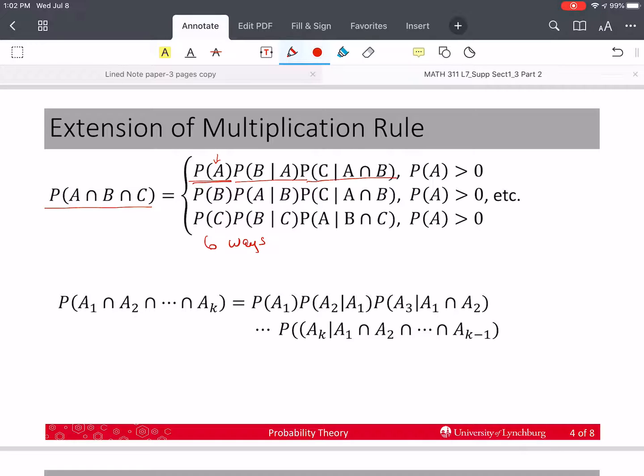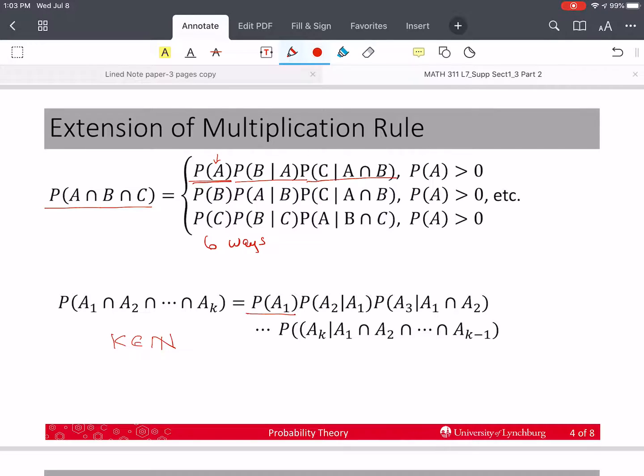Now we can also extend this to any number, even an infinite number of events, but we won't in this course. So let's say that K is in the natural numbers, any positive integer, and we have these different events, A1, A2, up to AK. If we put them in order, A1 to AK, then this is how we would do the multiplication rule.